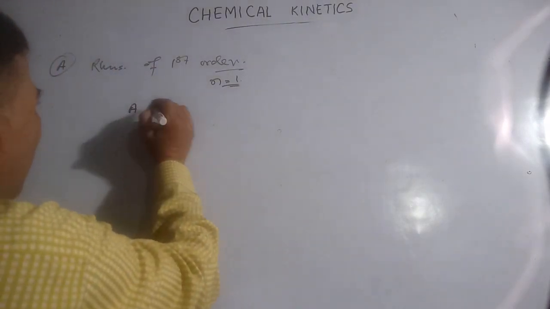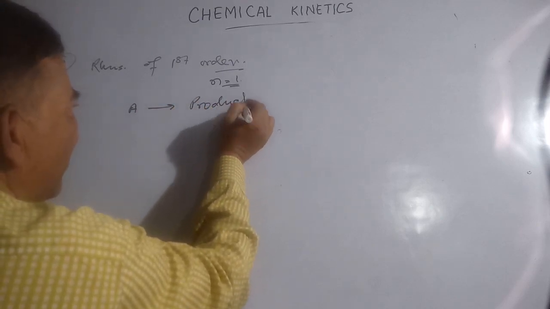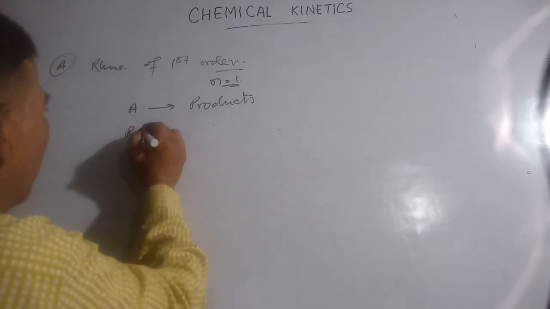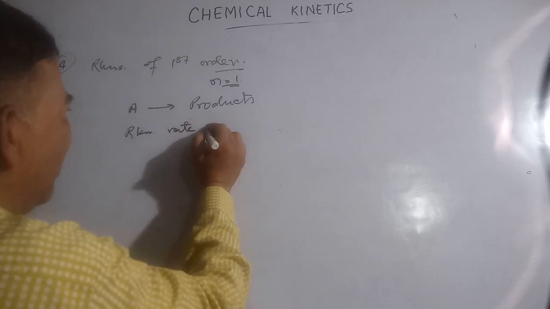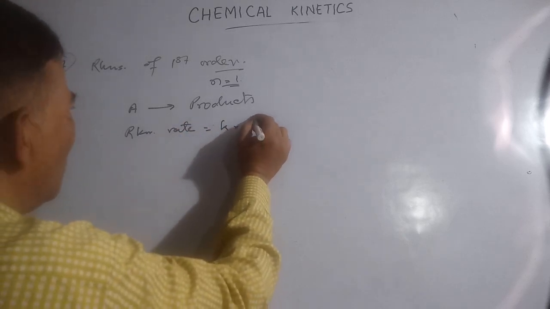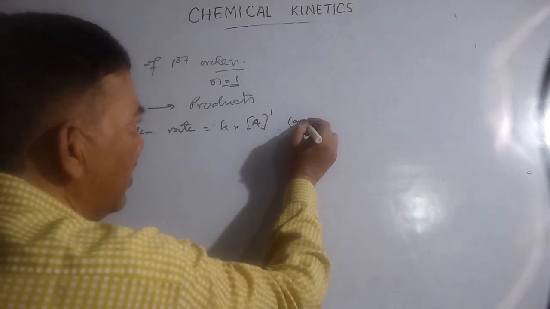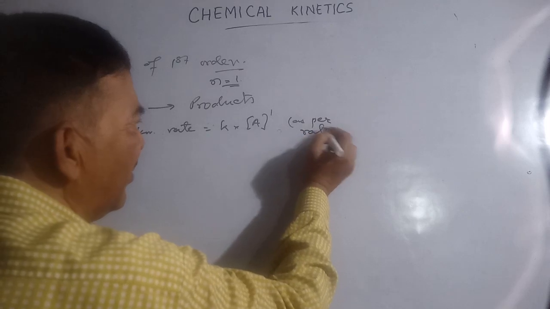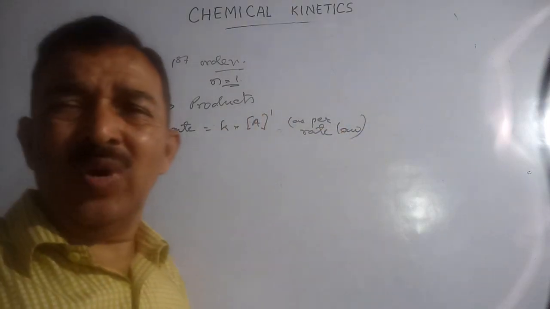If A gives products, then it reacts as per the rate law. The reaction rate is equal to K into molar concentration of A to the power 1, as per the rate law. This is for the experimental reaction.